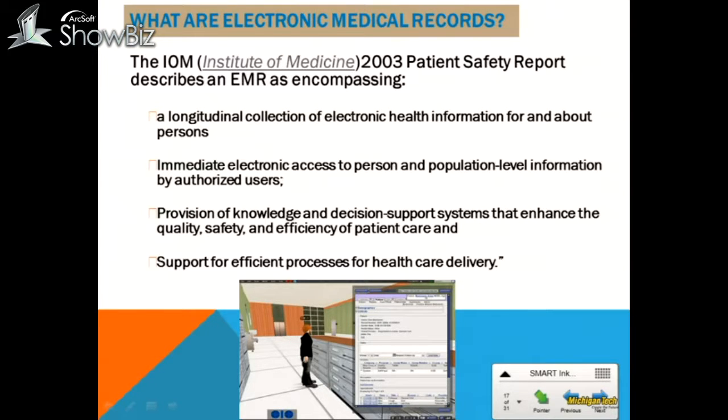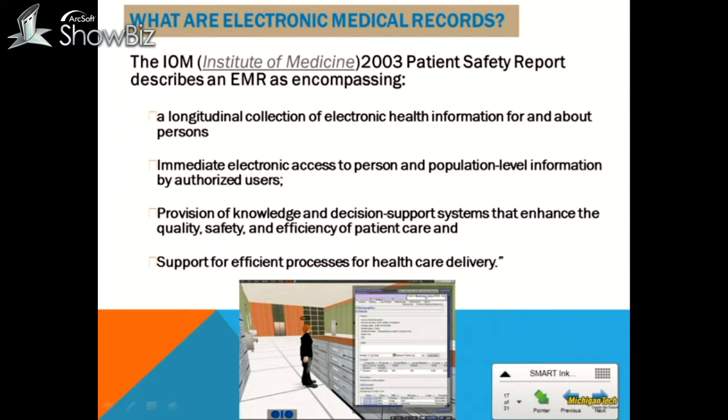In the Institute of Medicine 2003 Patient Safety Report, they describe an electronic medical record as encompassing the following things. First, a longitudinal collection of electronic health information for and about persons. I think everybody understands this one.